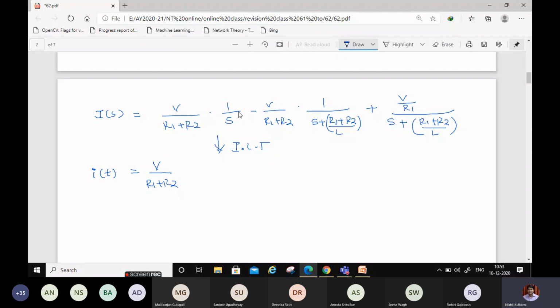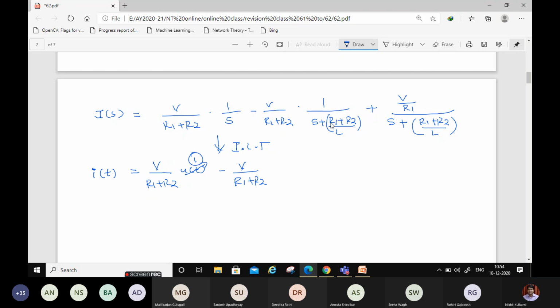So 1 by s is nothing but u of t, the unit step, which is always 1. So this will be 1. Keep it as it is, minus v divided by r1 plus r2.